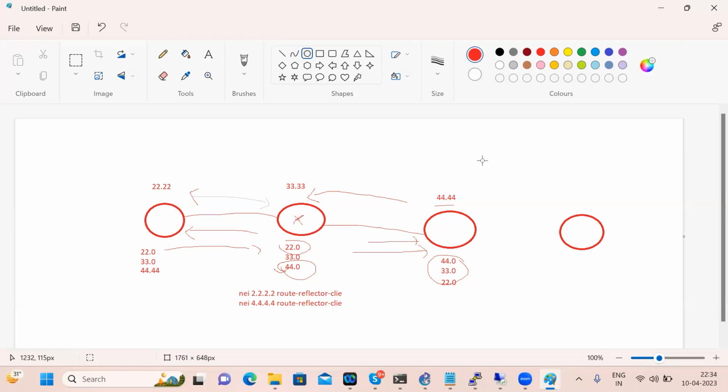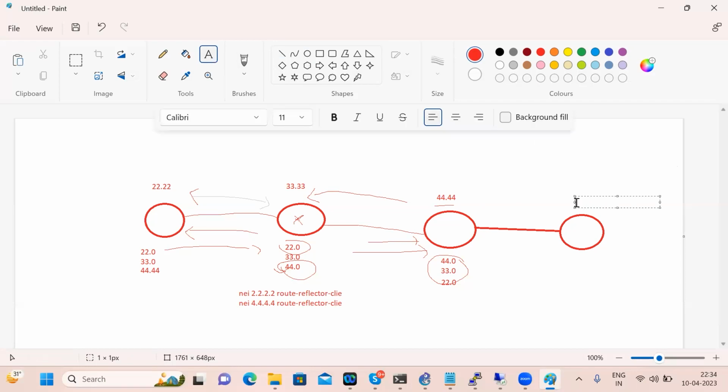Sir, can you connect one more router, for 54.55? This is the fourth router, no? Yes, 55.55. For this router 5, do I need to advise on router 3, because it is not directly connected to router 3? No. On router 4, you have to give this command, the neighbor route reflector client command. For which routers will you put this command?